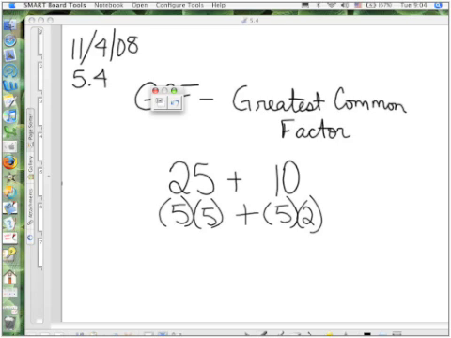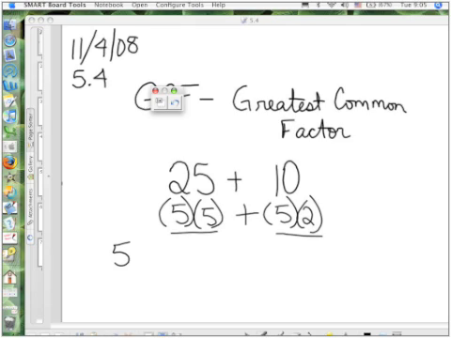Now, to factor out or remove a common factor, I need to identify which factors these two groups have in common. They have a 5 in common with each other, correct? To factor out means to divide by. This one has two 5s.